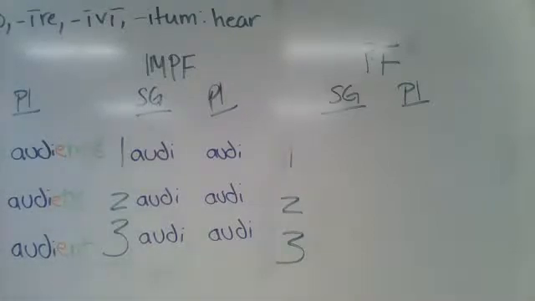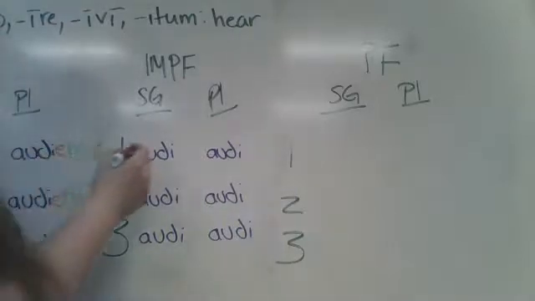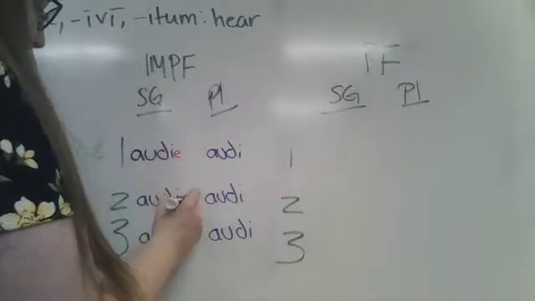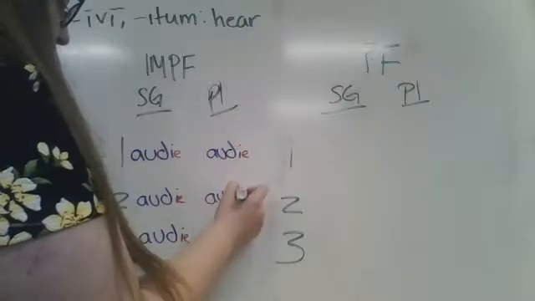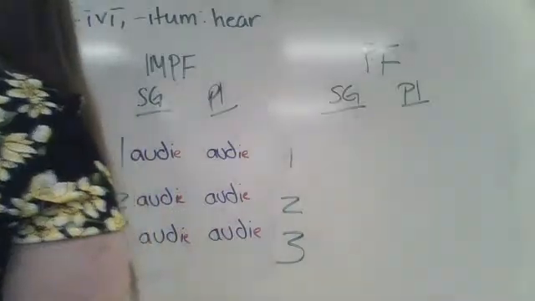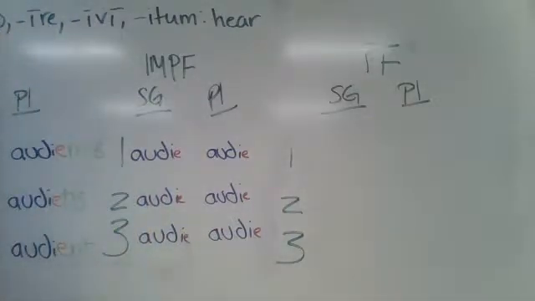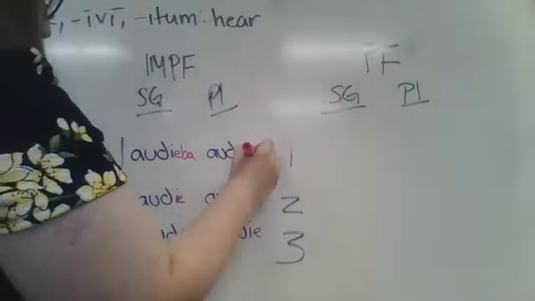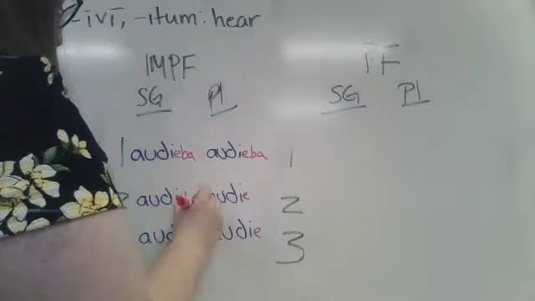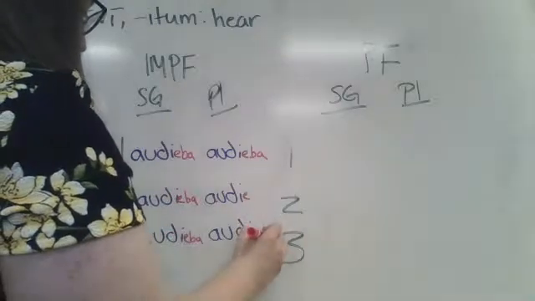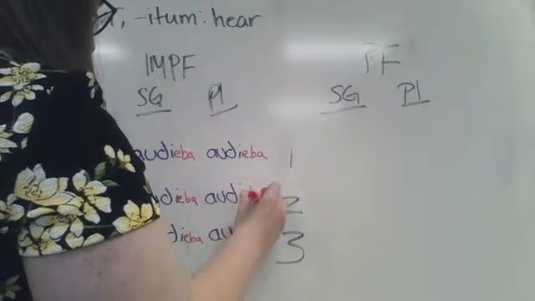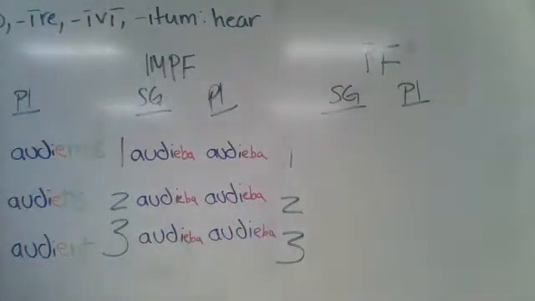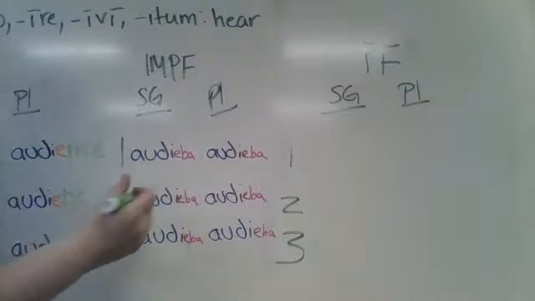We need to add an E. And then we can add the BA. And then we just add our personal endings.